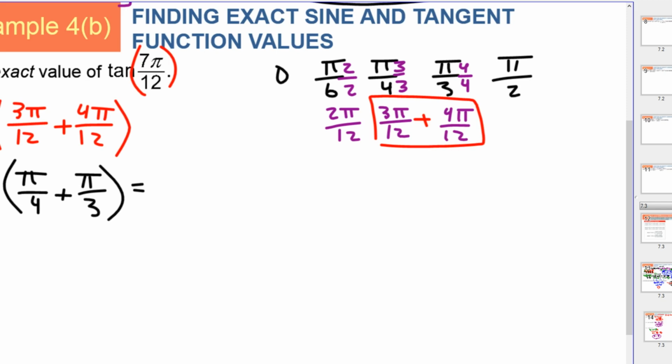Okay. That's going to be a lot easier for us to deal with now. We take the 7, we get rid of the 7, we write it as a sum because we've got a formula for the sum. Our whole point is to take something that was not in the chart and boil it down into some things that are in the chart so I can use my formula in a chart and figure out the exact. Okay? So you got to find your pattern.